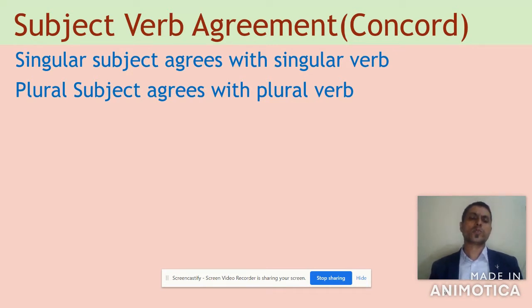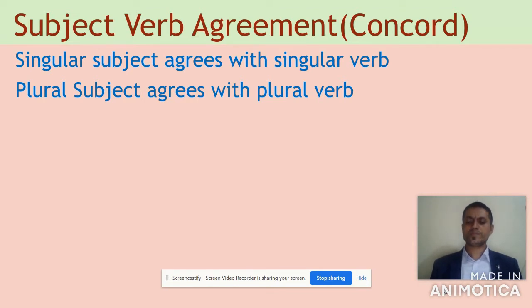You have to recognize the subject in terms of its number, singular or plural, and then you have to find out which verb is singular and which verb is plural. So if you recognize the subject, whether it tells about only one or many more, then you will be able to use the correct form of the verb, right?